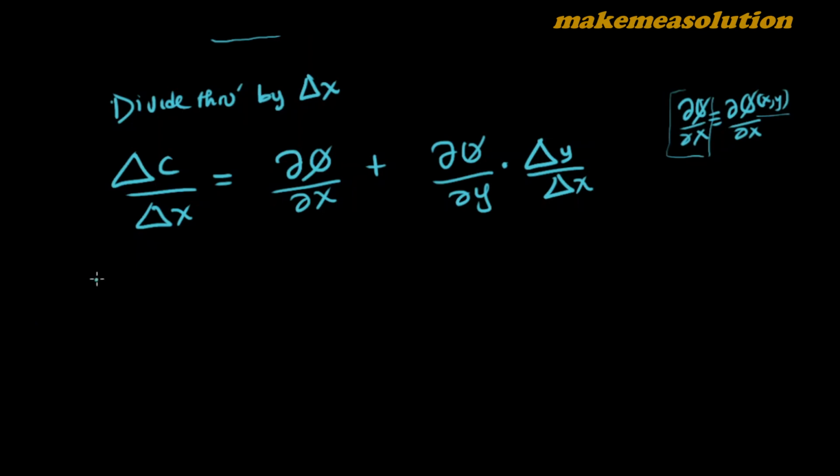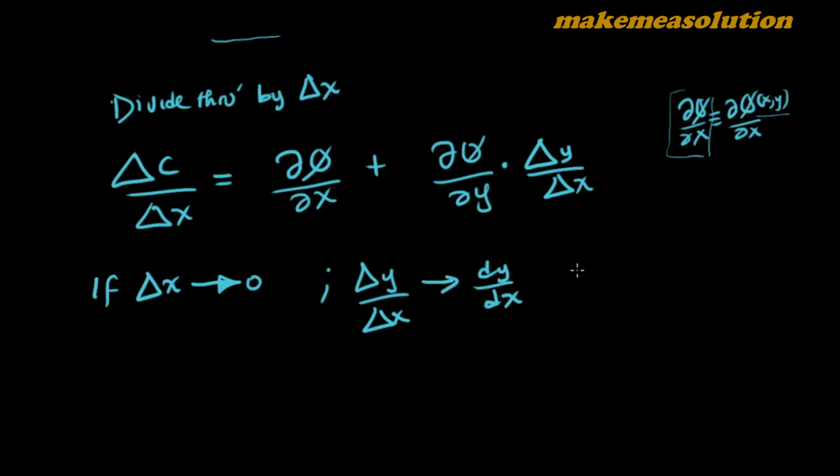If delta x tends to 0, then by the definition of calculus, you discover that any ratio of delta y over delta x will approach dy dx, and similarly your delta c over delta x will approach dc dx.